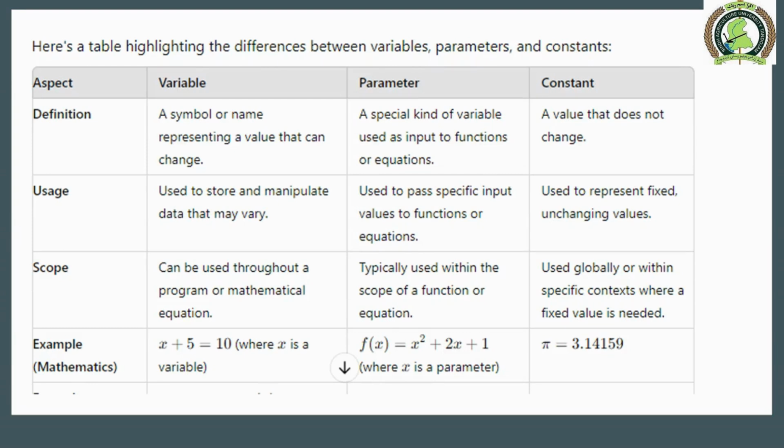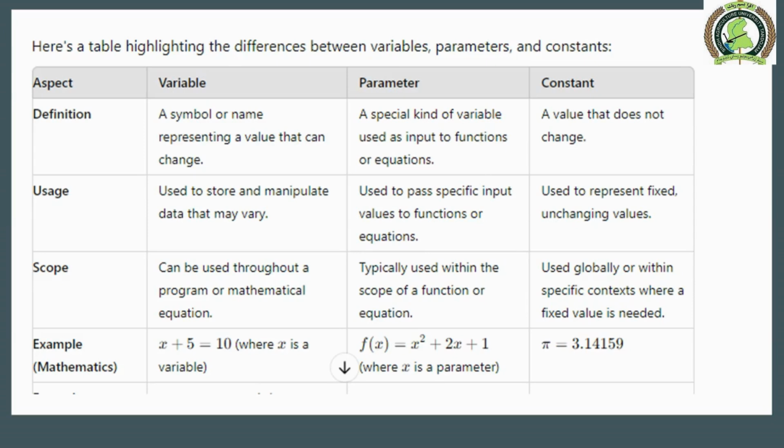So what are the usages of variable, parameter and constant? A variable is used to store and manipulate data that may vary. A parameter is used to pass specific input values to functions or equations. A constant is used to represent fixed, unchanging values.